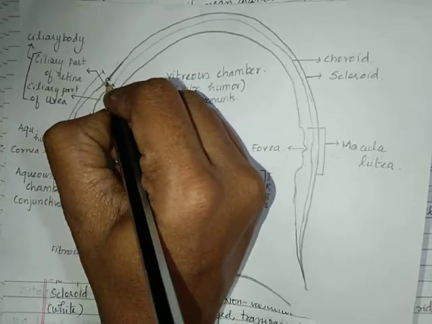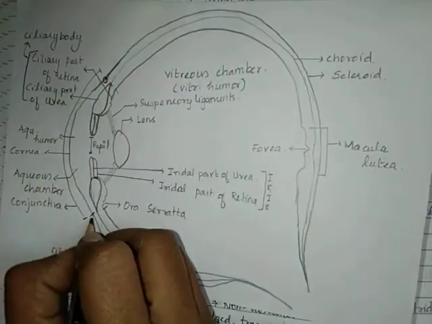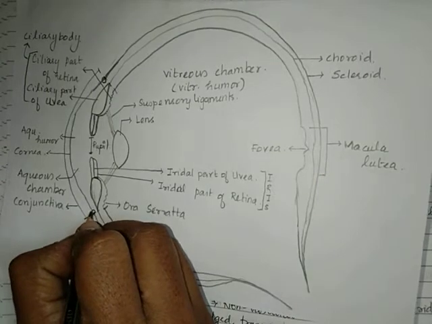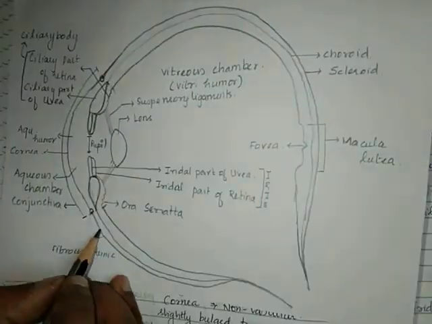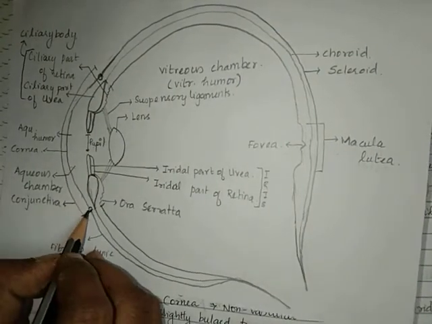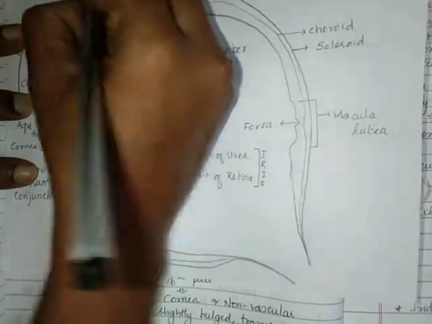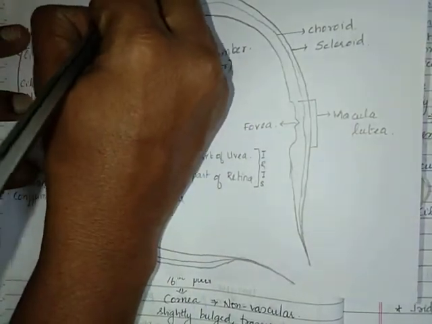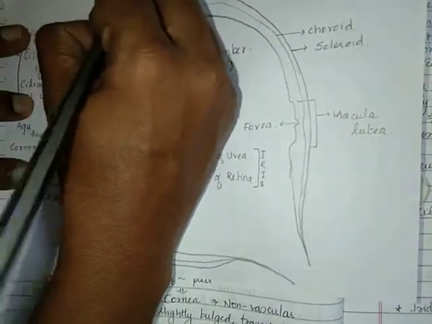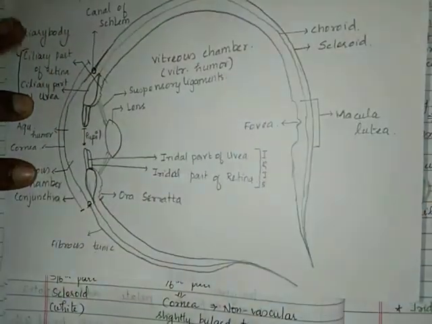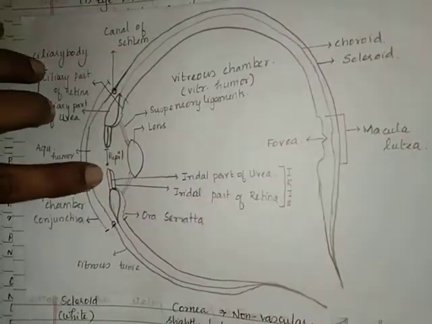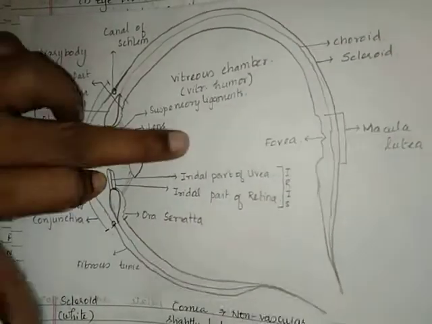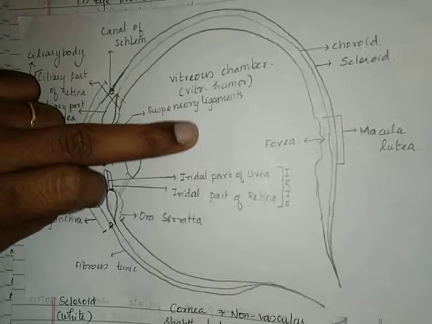At this junction there is a small opening which is called as canal of Schlemm. The function of the canal of Schlemm is that it is going to drain out the excess aqueous humor that is present in the aqueous chamber, whereas vitreous humor is not like that.